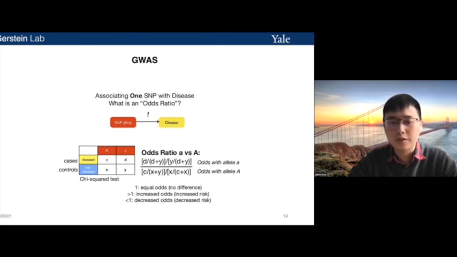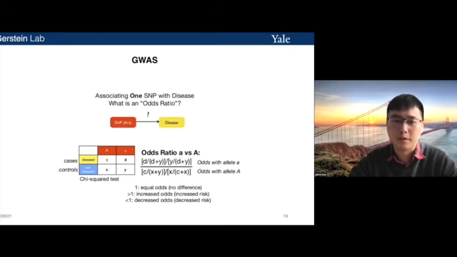If your trait is continuous, like height, you could basically apply almost the same process as in eQTL, just replacing the gene expression level with the actual trait values, the height, for example. And that is actually what people did for those continuous traits.